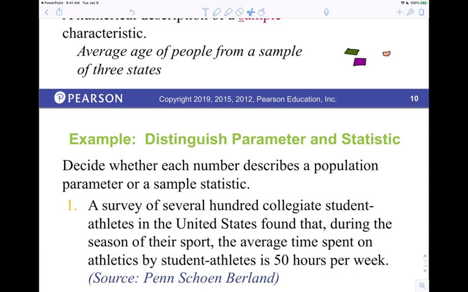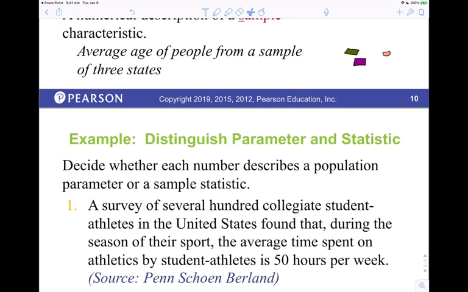Is it referring to a population or a sample? This survey was given to several hundred collegiate students, and the several hundred is a subset of all collegiate students in the U.S. So this several hundred is a sample, which means the 50 should be a statistic.